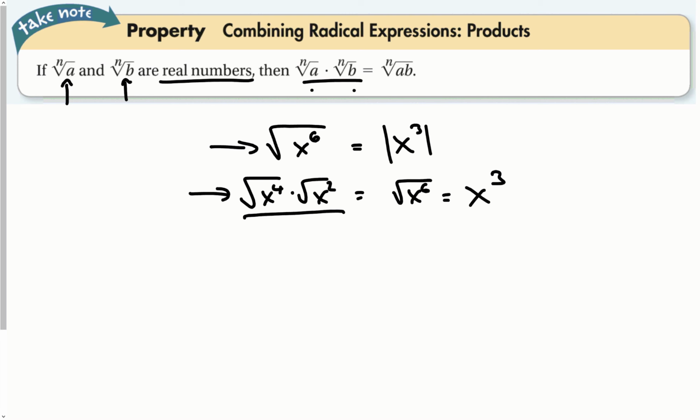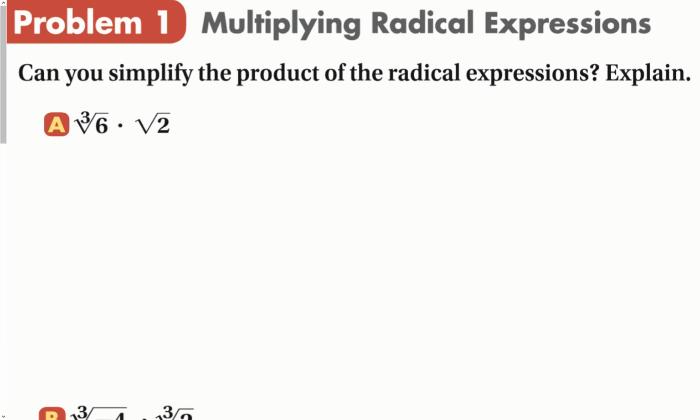So in this section, we're really not going to use them very much because pretty much everything we're going to be doing is going to be combining two radicals with multiplication or division. Okay, so can you simplify the product of the radical expression? So this one, can you simplify it? No, because these two are different. They have two different indices.